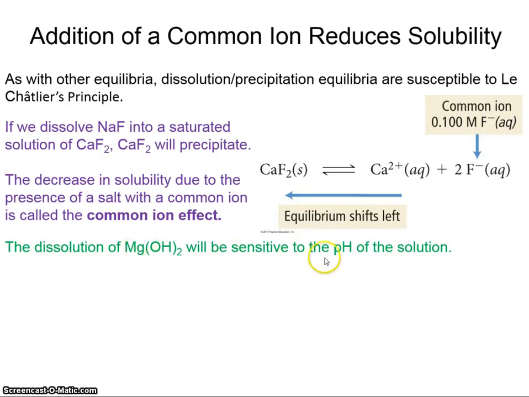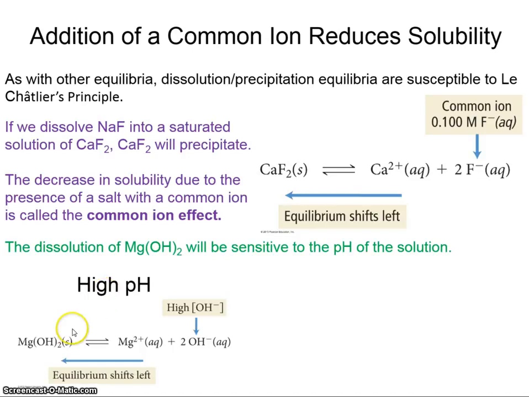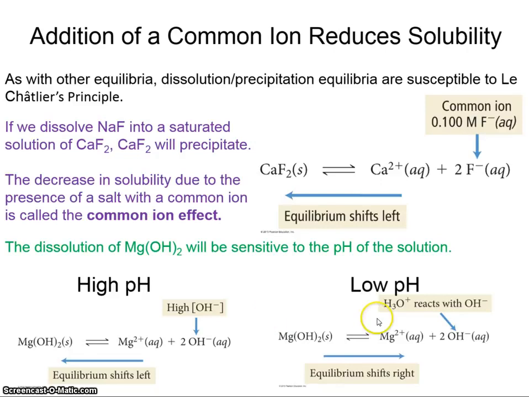So it's sensitive to the pH of the solution. At high pH, equilibrium is going to shift to the left because I've got extra OH minus. At low pH, H3O plus is going to react with the OH minus and remove some of this, so equilibrium is going to shift to the right. So I can have some pH sensitivity in my solubility because of Le Chatelier's principle and because of the common ion effect.